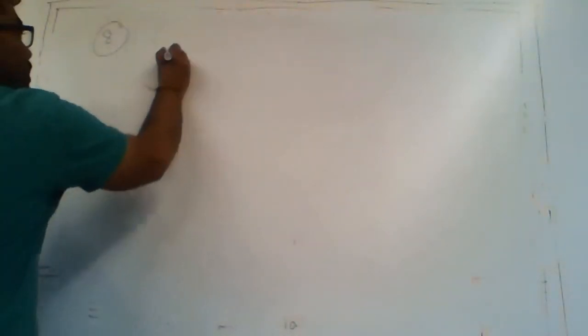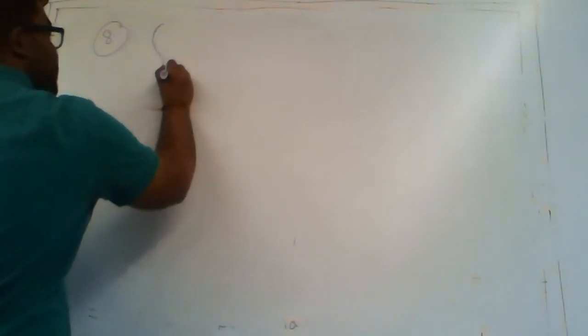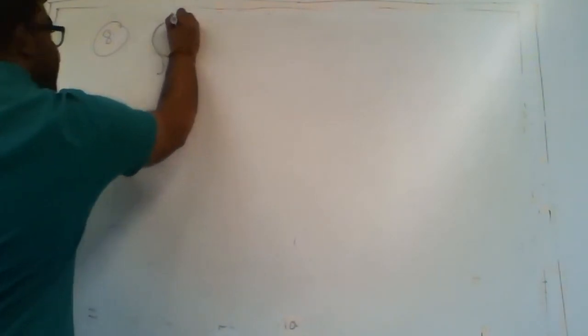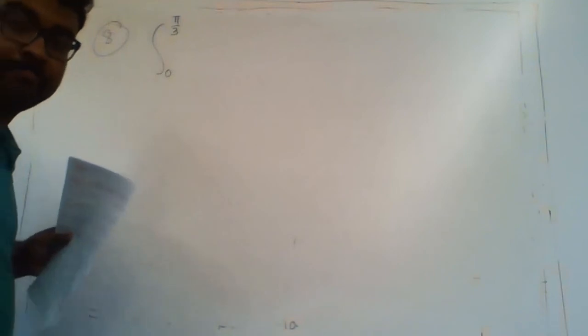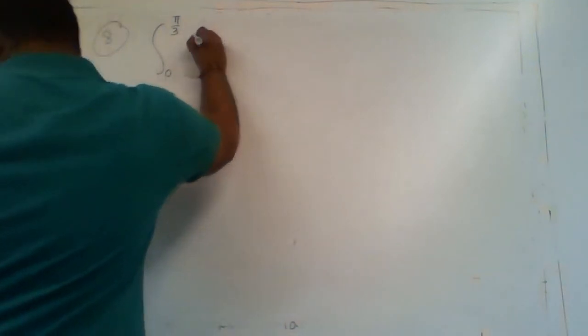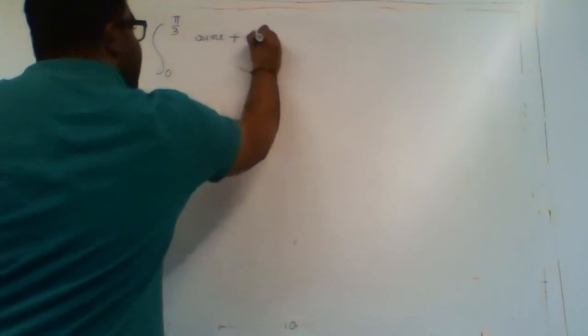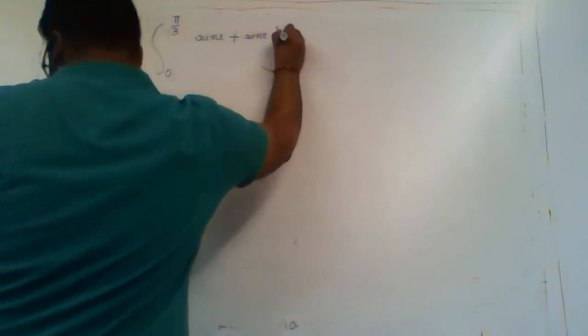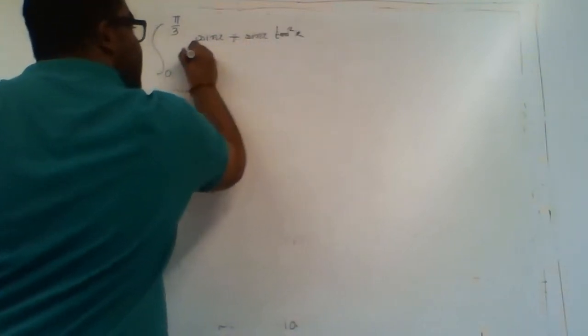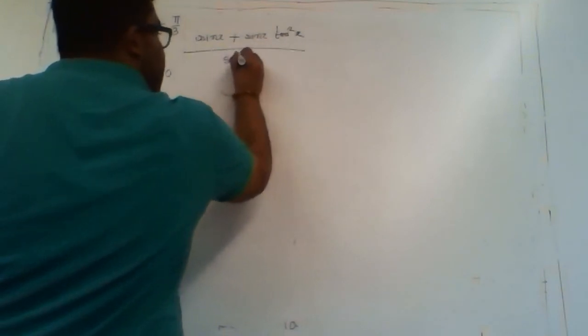Question number 8 is the integral from 0 to pi by 3 of sin x plus sin x tan square x, whole divided by sec square x.